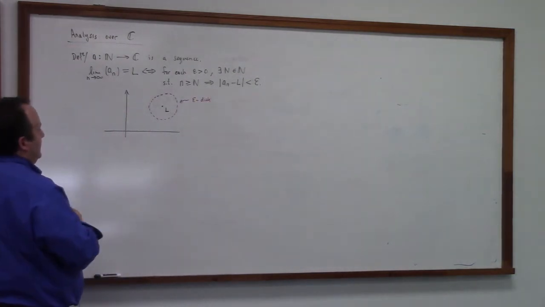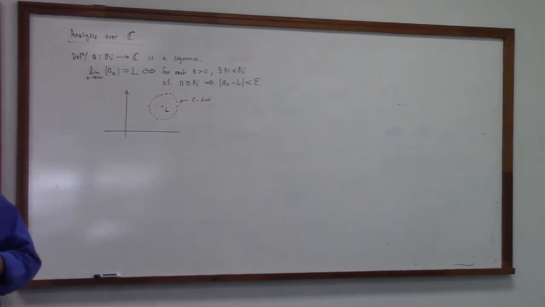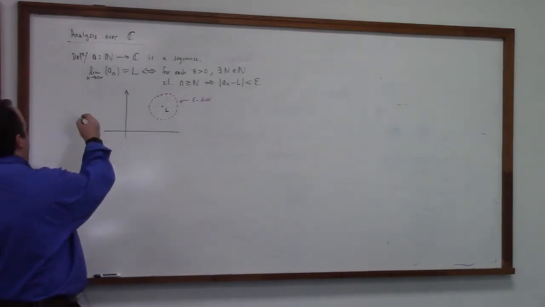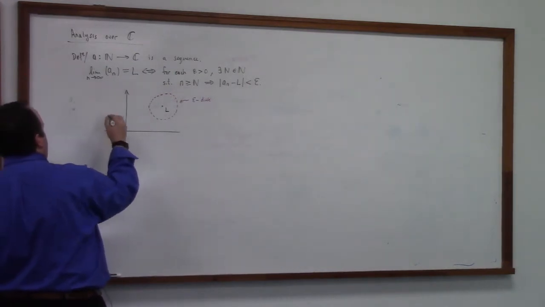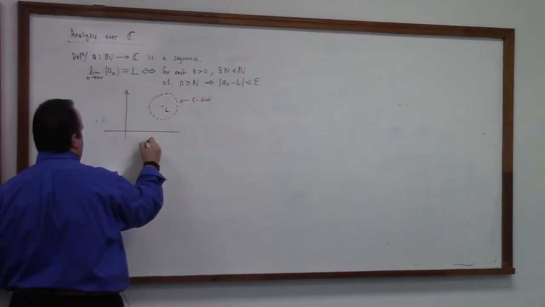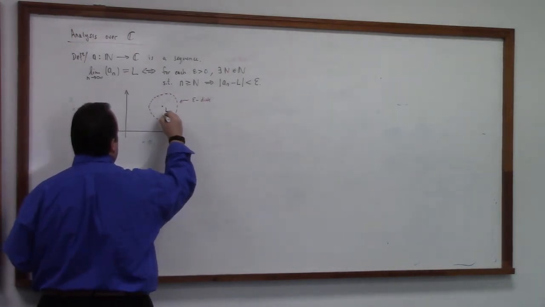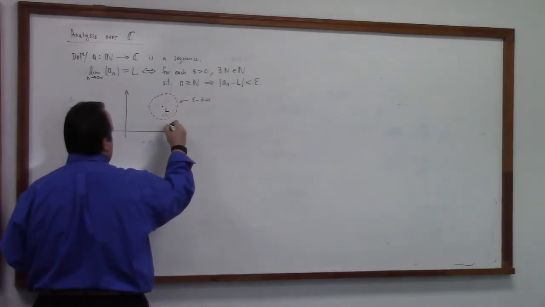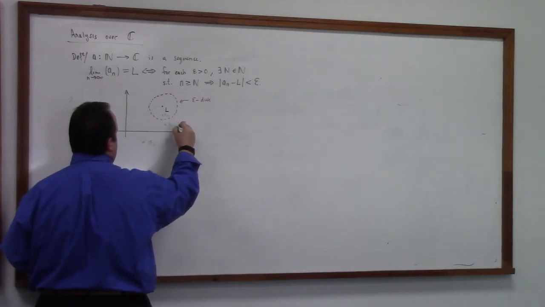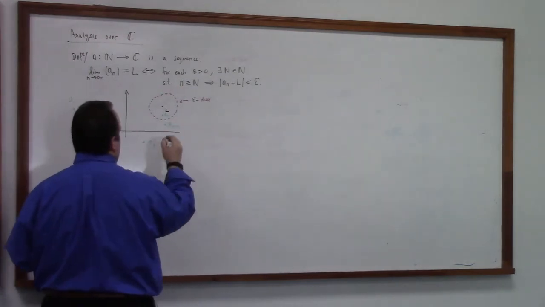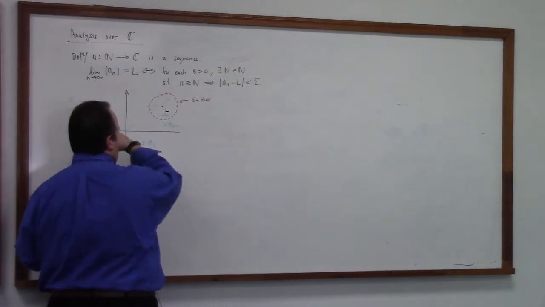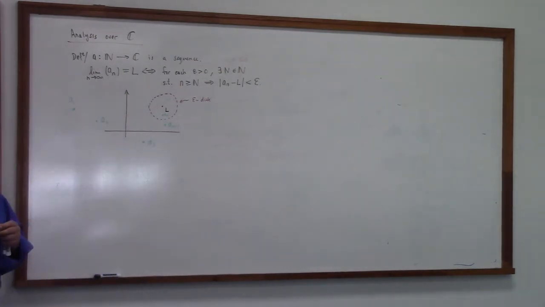And what do the a sub n's look like? Let me picture them as dots. Maybe a sub 1 is over here, maybe a sub 2 is over here, maybe a sub 3 is over here. It doesn't really matter. The point is that maybe out here is a sub n minus 1, but eventually, as you go far enough in the sequence, you can capture the tail of the sequence inside the epsilon ball.